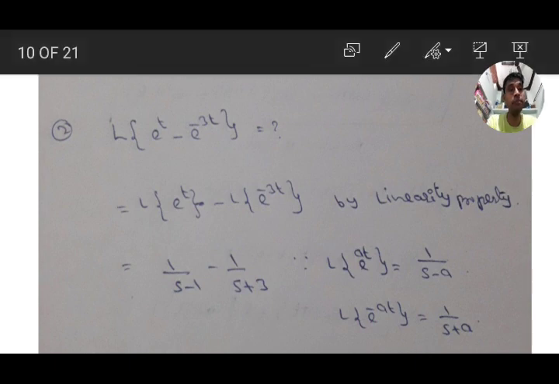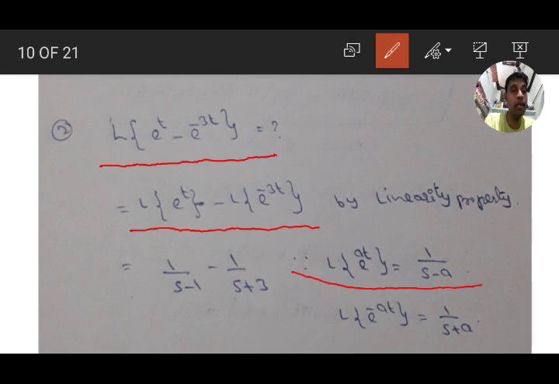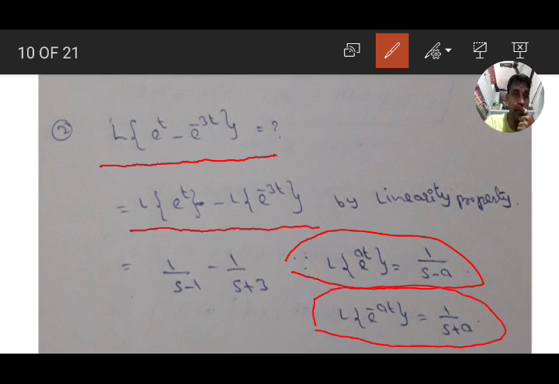Find L of e to the power of t minus e to the power of minus 3t. Here two functions. So by linearity property, we get L of e to the power of t minus L of e to the power of minus 3t. So here we need two formulas: L of e to the power of at is 1 by s minus a, L of e to the power of minus at is 1 by s plus a.